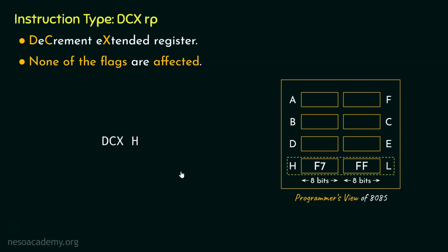So that's all about the instruction type DCXRP. Remember, DCX stands for Decrement Extended Register. For this instruction also, the latter part is considered to be the extension of the former part. And the instructions of the instruction type DCXRP fall under the 1 byte long instructions category.